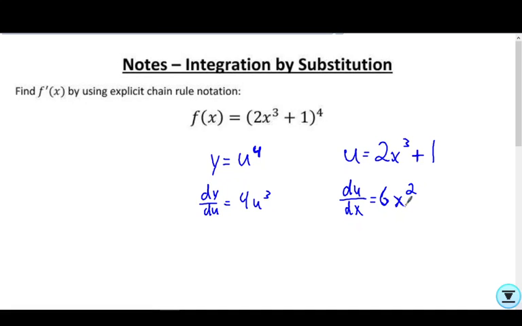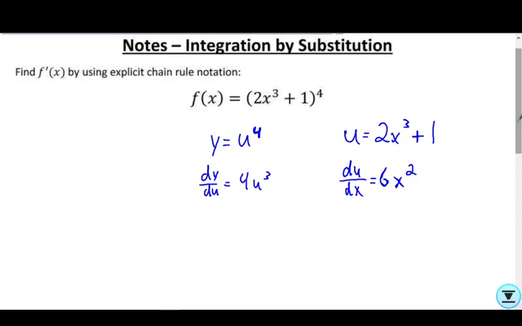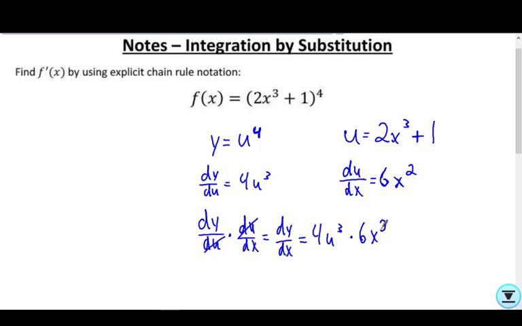squared. Okay? Then what we did was we took dy over du and multiplied it by du over dx, and that would give us our dy over dx. So we took 4u cubed and multiplied it by 6x squared.